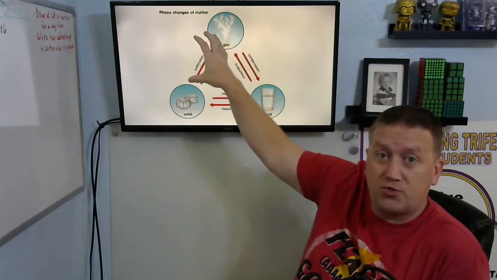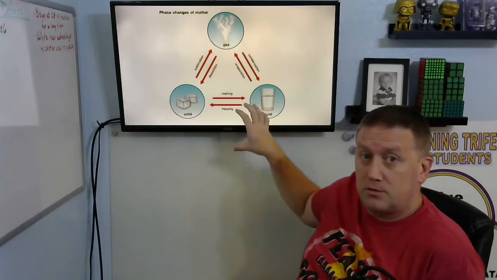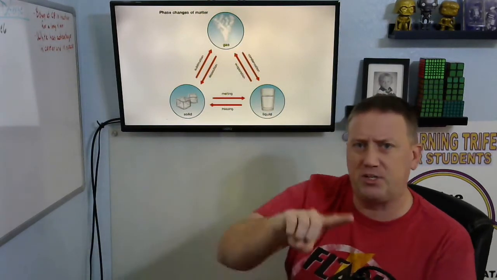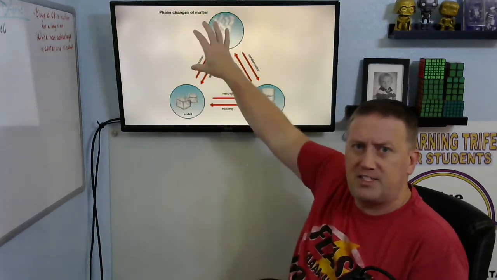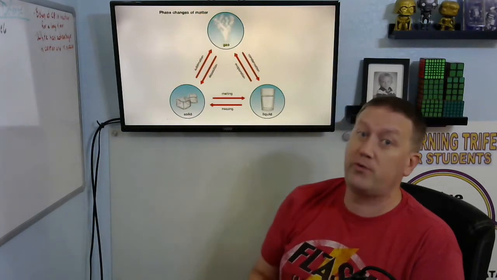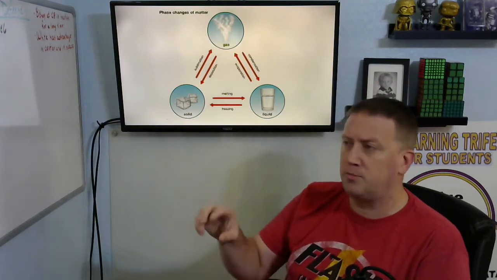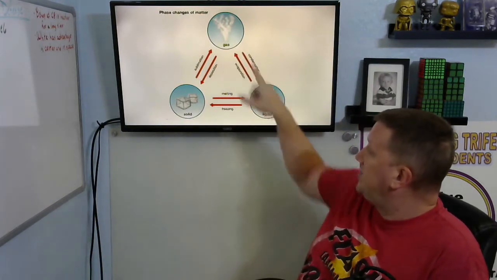When matter goes from gas phase to a liquid phase, that's condensation. When it's going the opposite direction, from liquid to gas, that's what we call evaporation. So those are the terms for changes between gases and liquids.